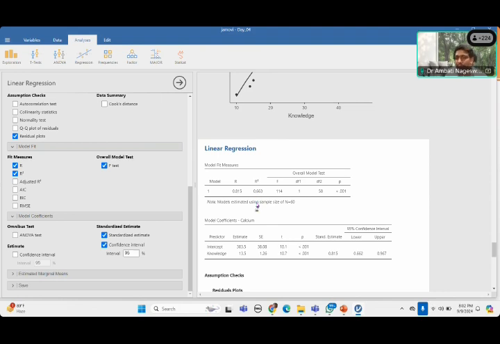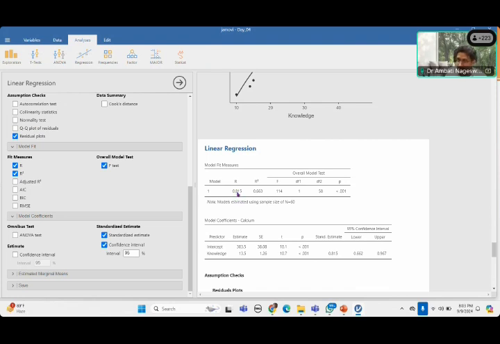Now, how to interpret the findings? How can one report this as part of a research paper, as part of your research findings? I can see that there is a correlation between knowledge test score and calcium intake. Looking at the R value, it must be a high positive correlation.